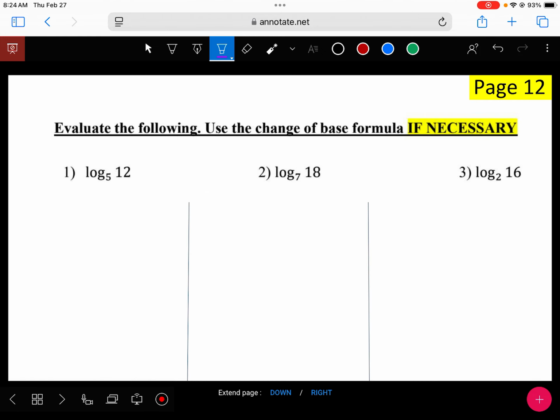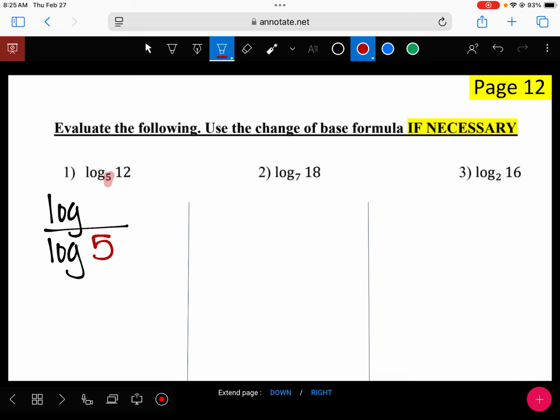Okay, so let's look at, see how this is a base 5? We don't have a base 5 key in our calculator. Our calculator is a base 10. So we need to change it. So make your fraction, write log, log. Whatever your base is, which in this example is a 5, that's going to go in the bottom.